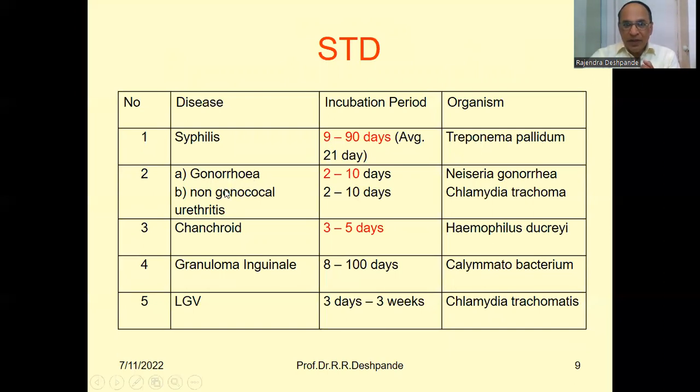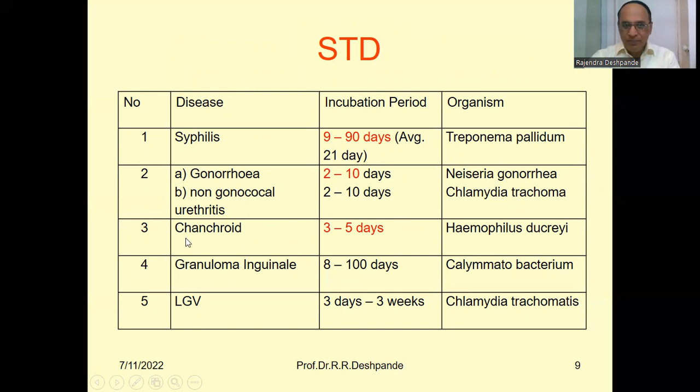Then gonorrhea, as well as non-gonococcal urethritis: the incubation period is short, 2 to 10 days. The organism is Neisseria gonorrhoeae for gonorrhea, and for non-gonococcal urethritis it is chlamydial trachomatis. This is also a venereal infection.